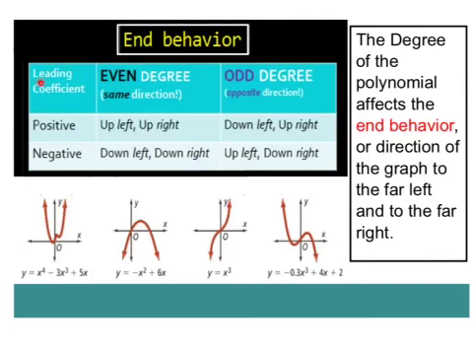With leading coefficient, that's going to be the number that's in front of your variable, the very first number, your very first coefficient, when it's in standard form. So you want to make sure that you realize it's your lead coefficient when in standard form. I don't have much room up here, but in standard form.